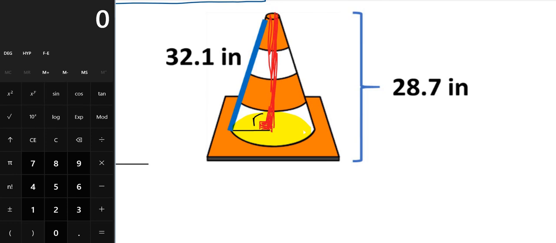And that height, that red height that I just drew in, that's 28.7 inches. So if we have a right triangle, we could probably use either trig or Pythagorean theorem. Let's break that triangle out, redraw it, and see what we can do to solve for the radius so that then we can go ahead and get our area for the base.